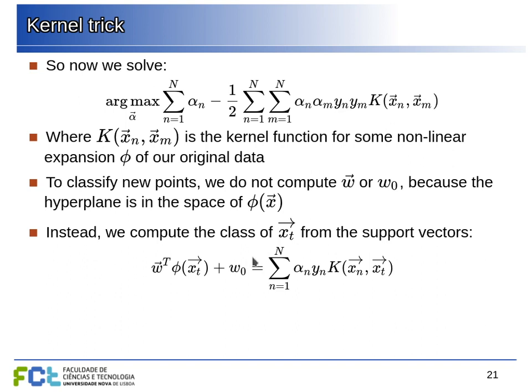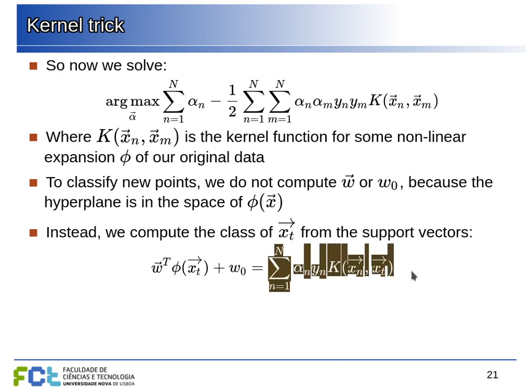So instead, we can just classify each new example. So if we have a new example x, we can use the support vectors to classify this new example by computing the kernel function for each support vector with our example that we want to classify, multiplying by the corresponding alpha and the class label, and then summing everything.